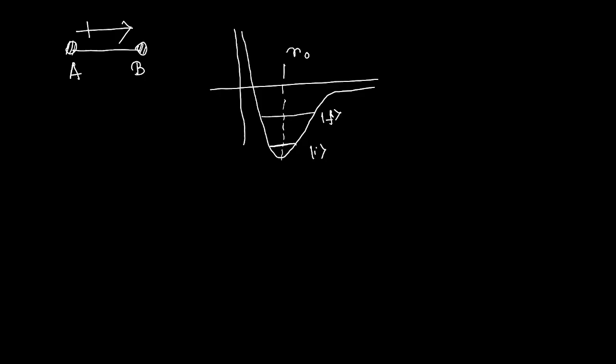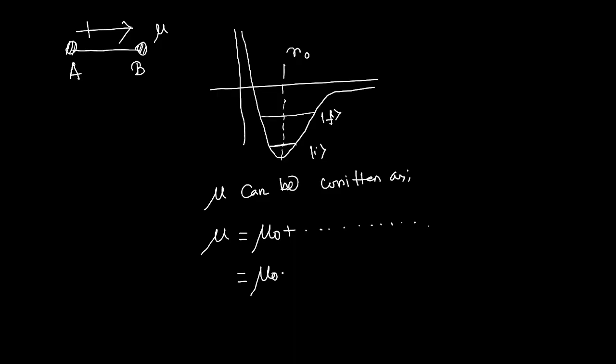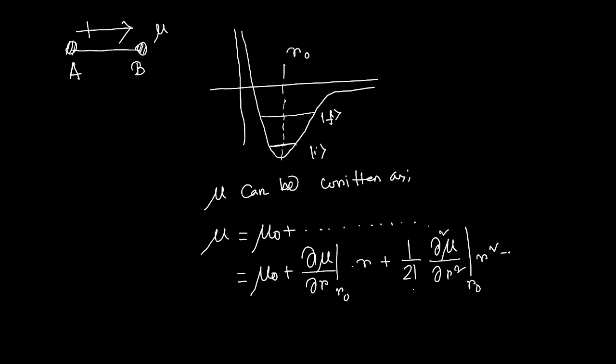So the permanent dipole moment is no longer the same, so mu can be written as a linear combination of the permanent dipole moment and some more factors, and those factors are derived using Taylor series expansion, and so on.